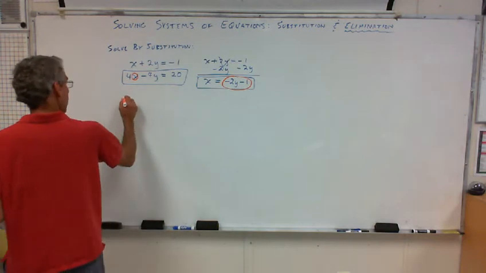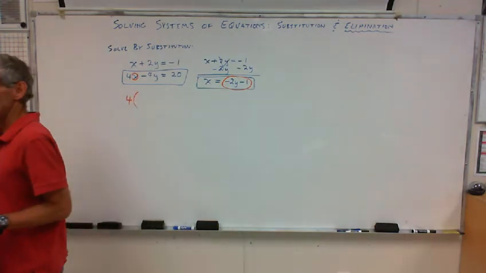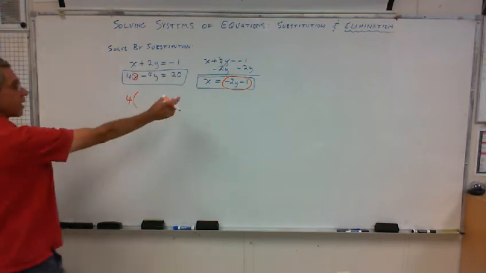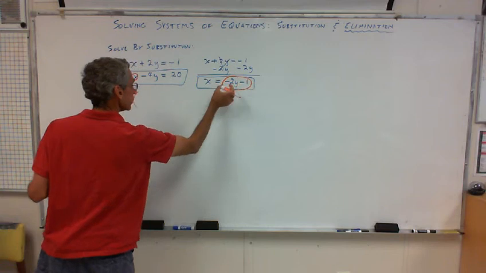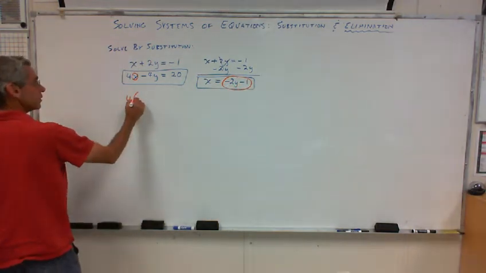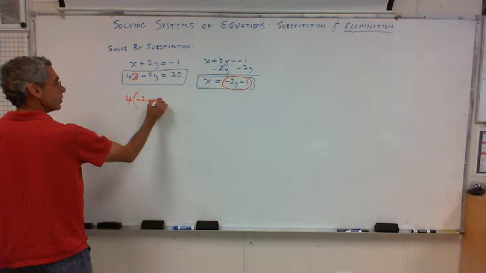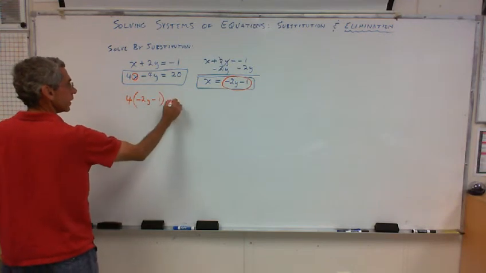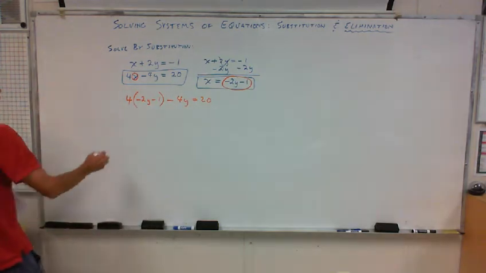So here we go, 4, and then parentheses. The parentheses are really important, because it's a blob, like a binomial, two terms. 4 times this blob of negative 2y minus 1 in parentheses. And then I just keep going: minus 4y equals 20.